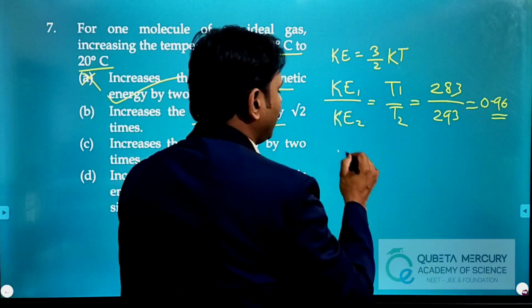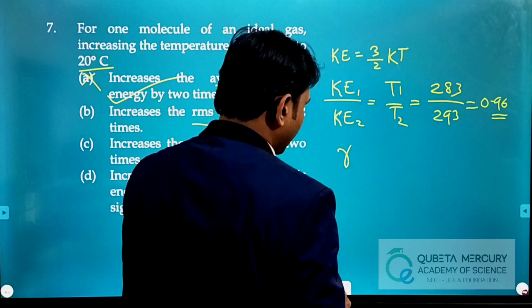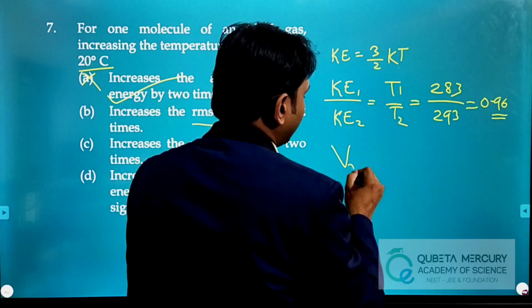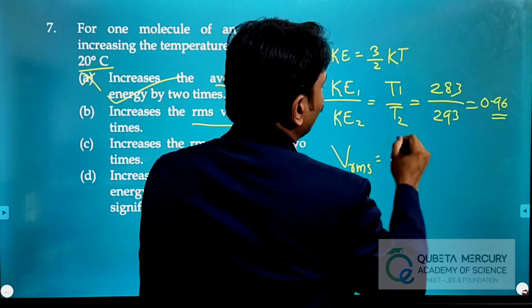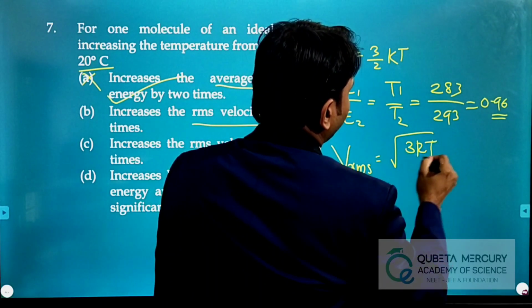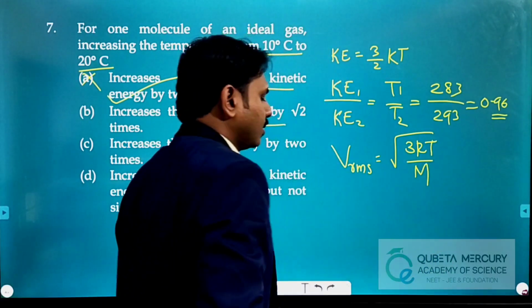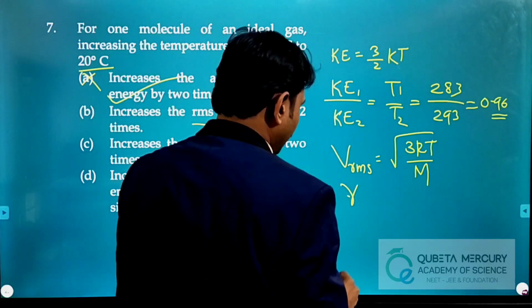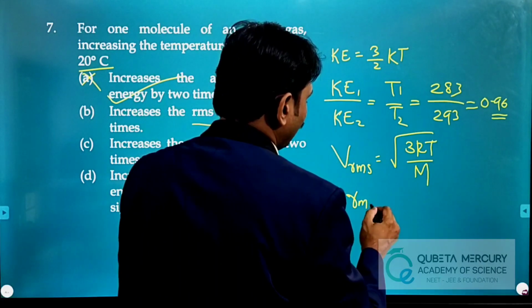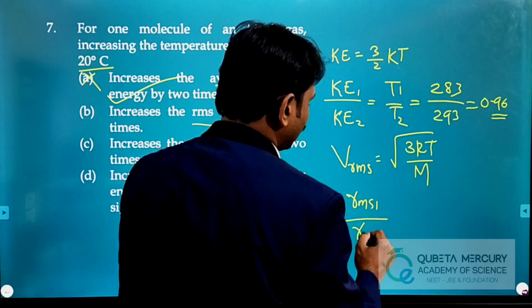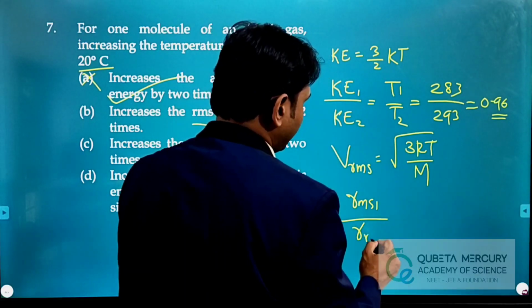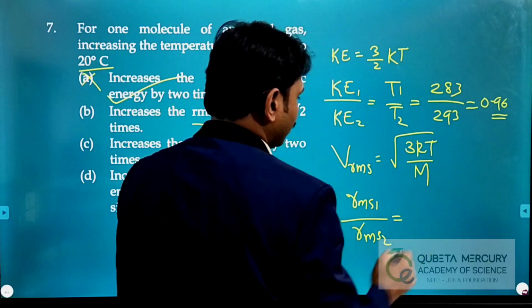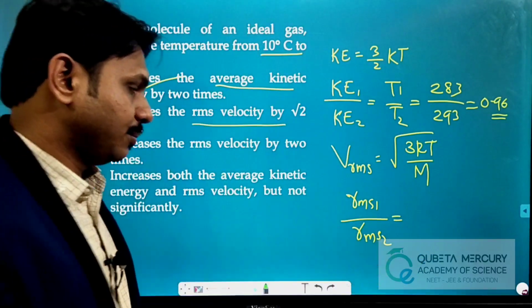What is the equation to find out RMS velocity? Vrms equals √(3RT/m). I am considering two different cases: Vrms with temperature T1, that is 283, and with temperature T2, that is 293.